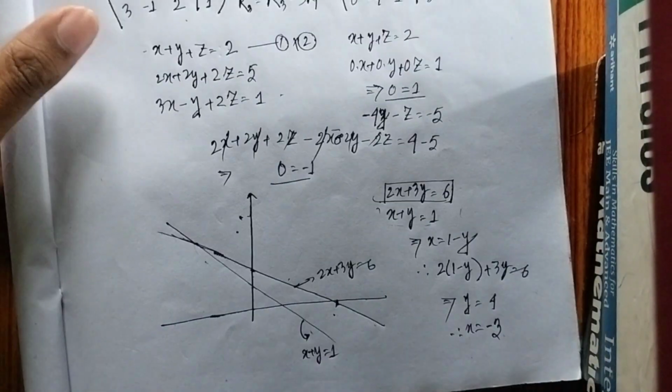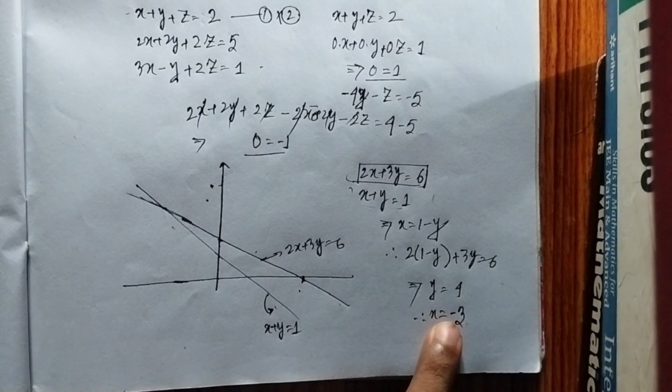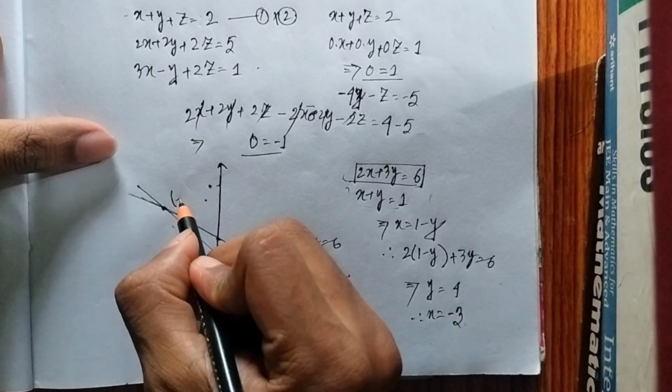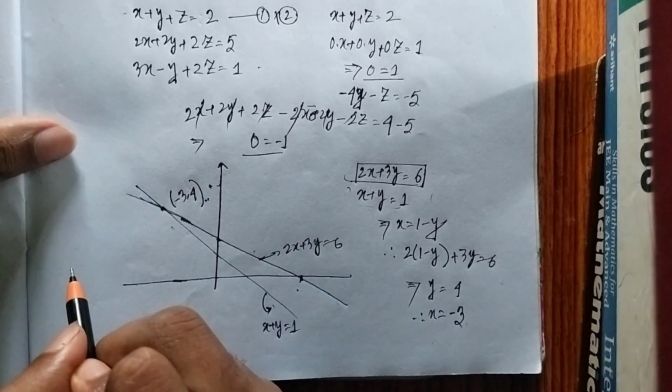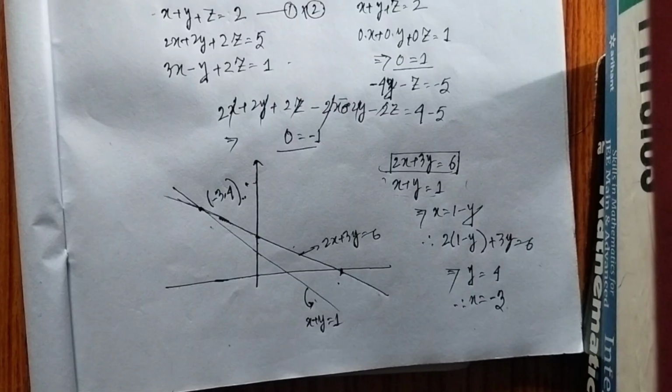Interestingly, mathematicians saw that this is the same point where the two lines intersect: the point minus 3, 4. That meant finding the solution is geometrically finding the intersection point.